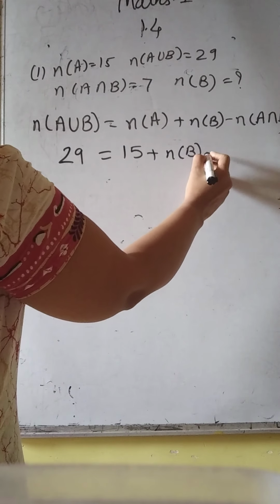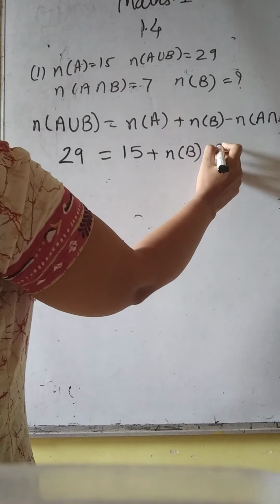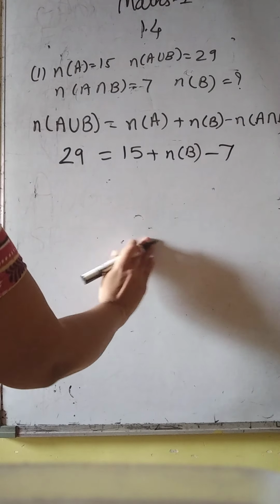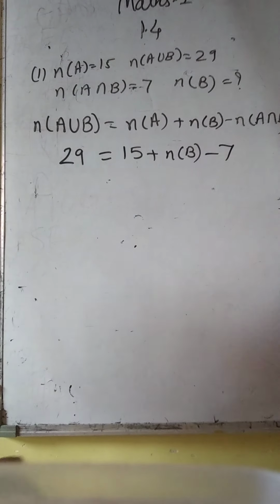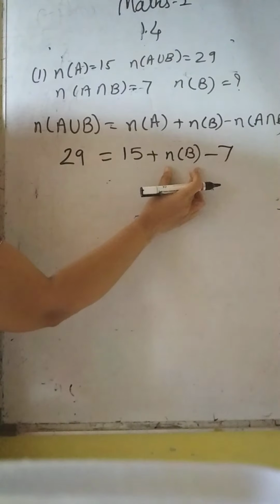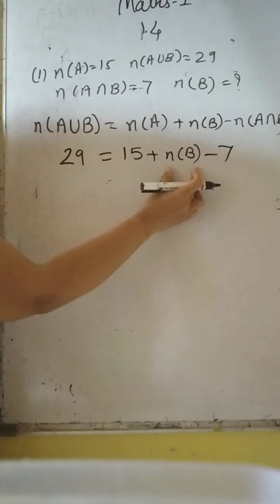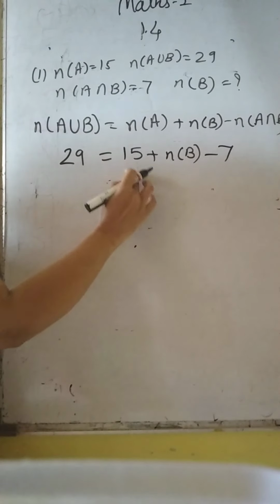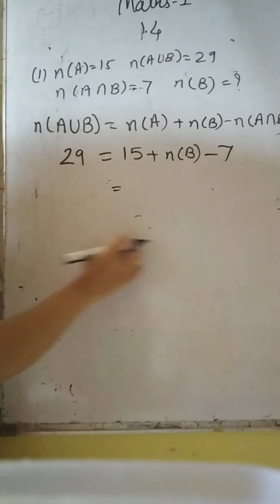Okay, so what is n of A intersection B? It is 7. Now what I will do, it's like your equation where this is the variable. Okay, so I am going to take 15 on this side and this 7 also on this side.